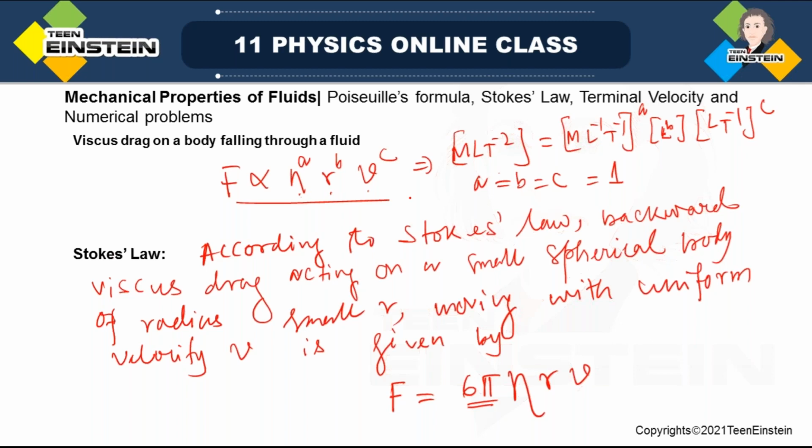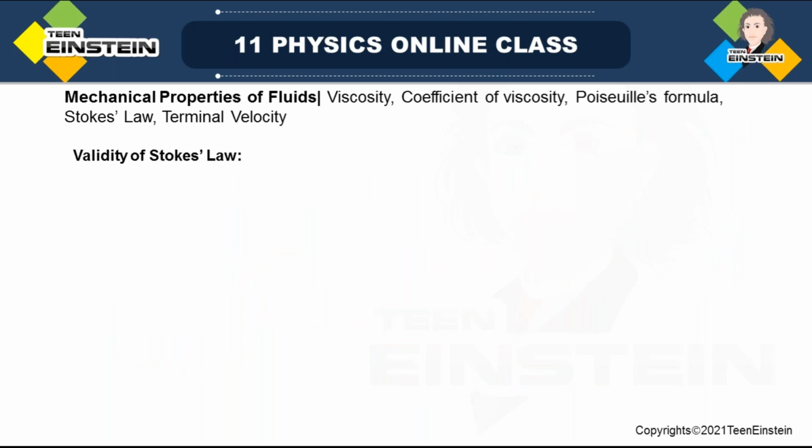Now you have to remember that there are certain limitations where you can use Stokes law. First, the fluid through which the body moves has infinite extension. The second is that the body is perfectly rigid and smooth.